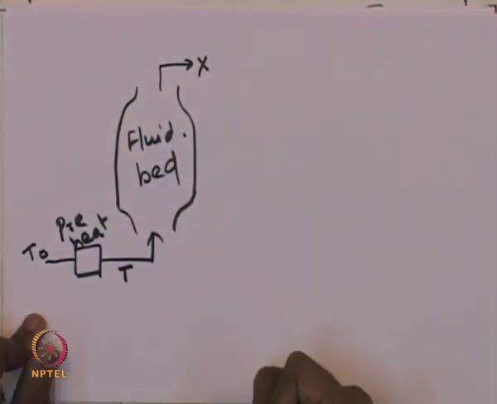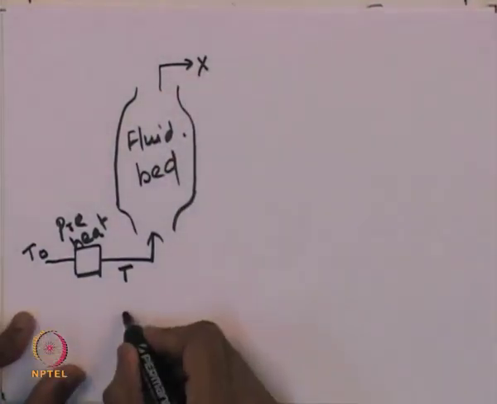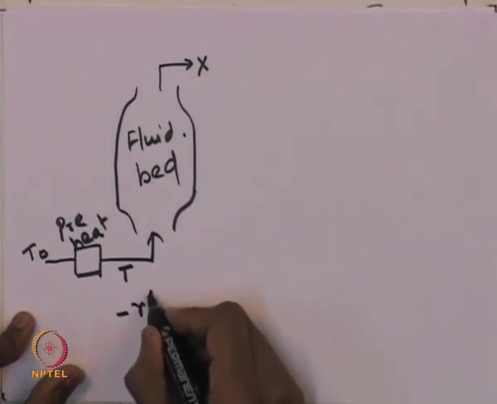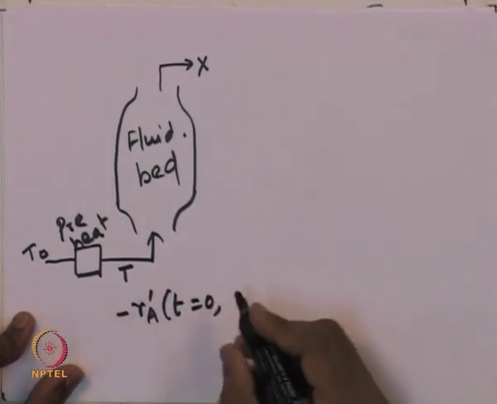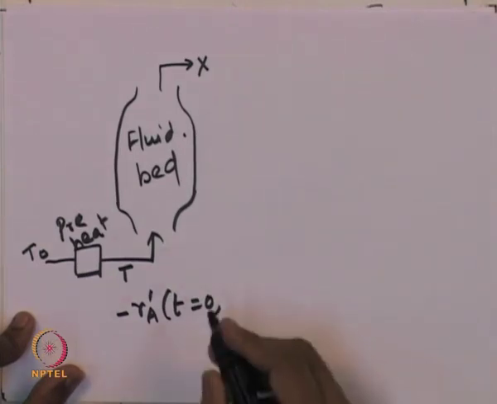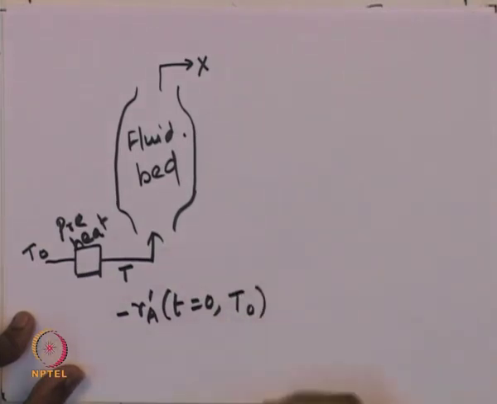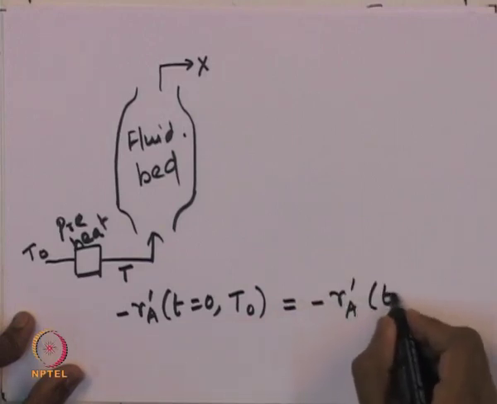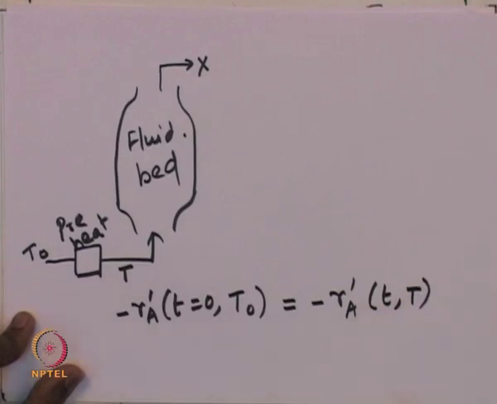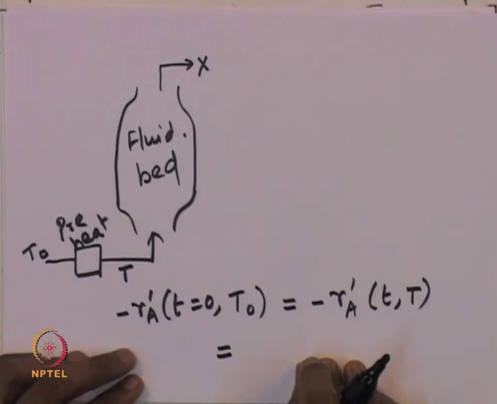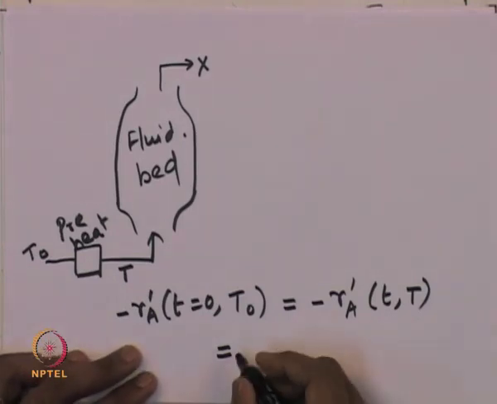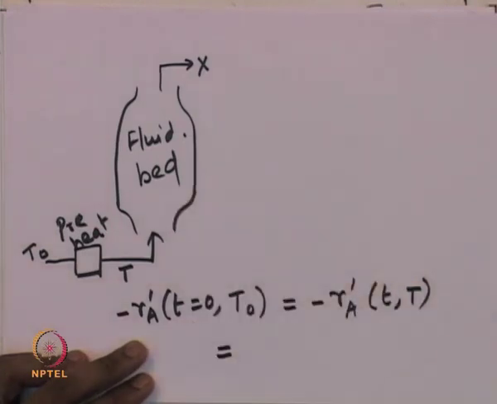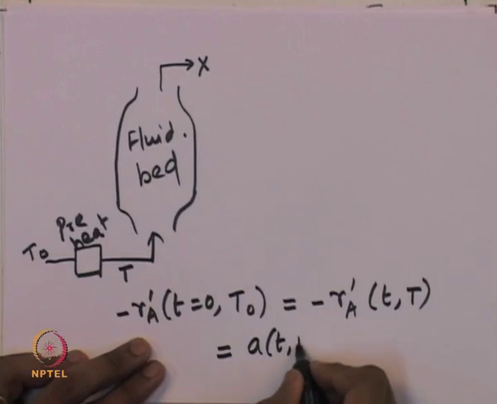conversion X. Which means that the reaction rate at t equal to 0, that is at the start of the reactor, at the temperature T naught, should be equal to the reaction rate at some other time and some other temperature T. Using the rate law that we have derived for the reaction when catalyst deactivation is simultaneously occurring, that will be a(t, T) into minus r A at T, which equals minus r A at 0 comma T naught.